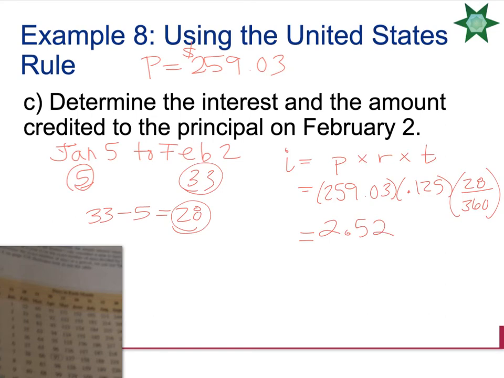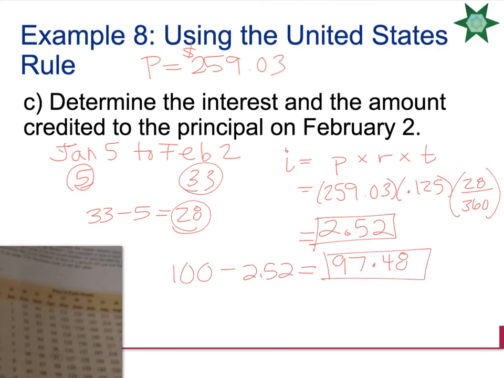I'm rounding again. This is how much she's paid for interest between her first payment and her second payment. And then she only paid $100 this time instead of $150. And $2.52 went to interest. So that means only $97.48 went towards the principal.